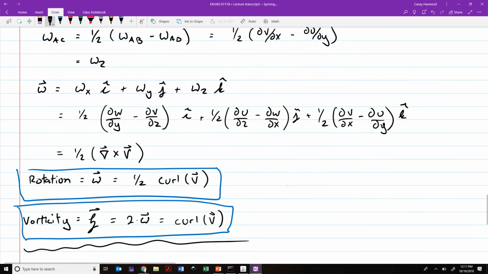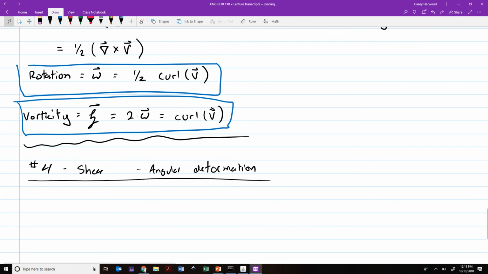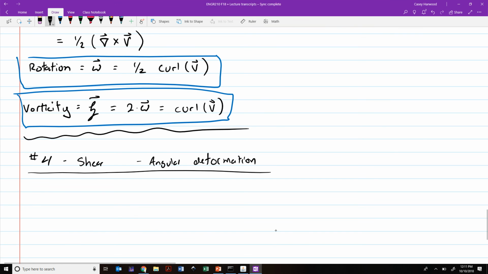So if I scroll back up to the example here, we've said that the rotation tells us how quickly this line AC, the bisector of this fluid element, is rotating. But what about the rate at which it's actually changing its shape? If AB and AD are rotating at the same speeds, this thing is simply going to remain square and spin around like a block, pure rotation. But if the magnitudes of those rotational speeds don't equal one another, then we end up with shear deformation.